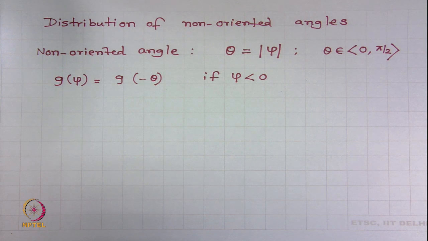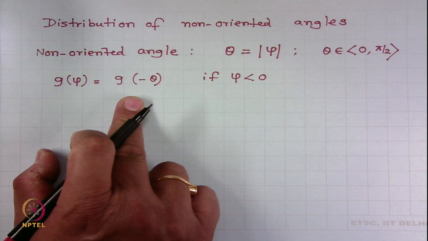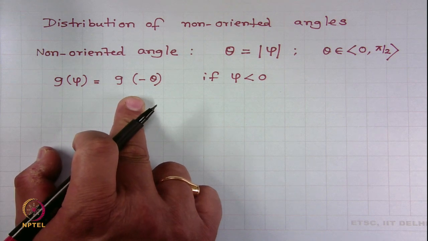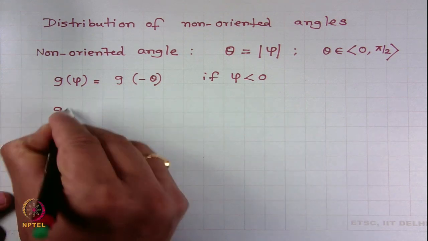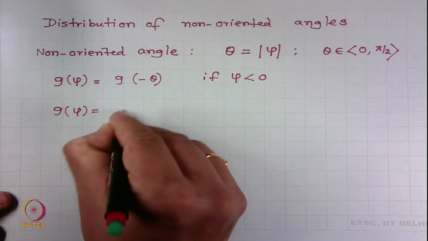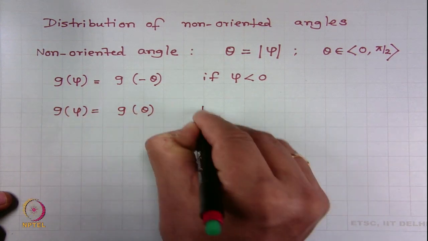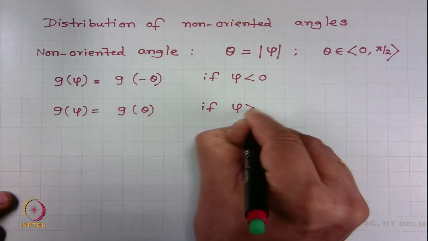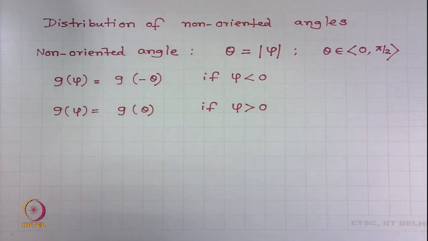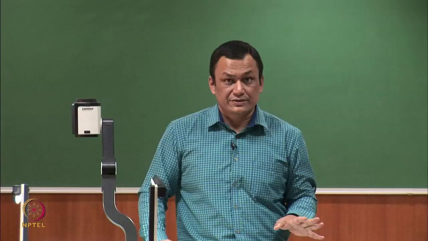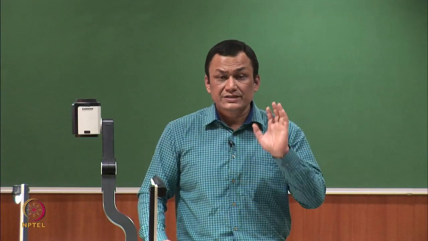So, when actual psi is negative, we use this expression, and when actual psi is positive, we have no problem, including 0, right. So, now the angles are changed, it is no more psi, it is theta.